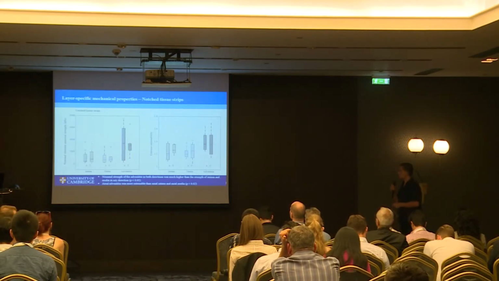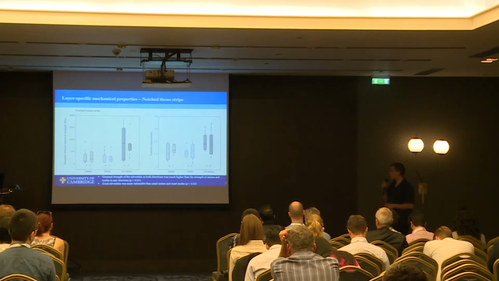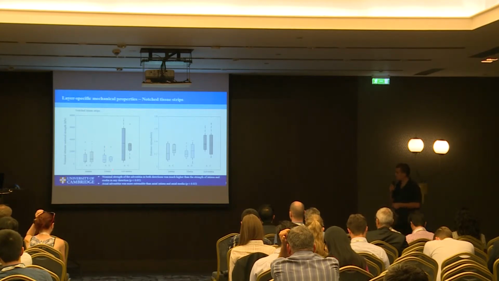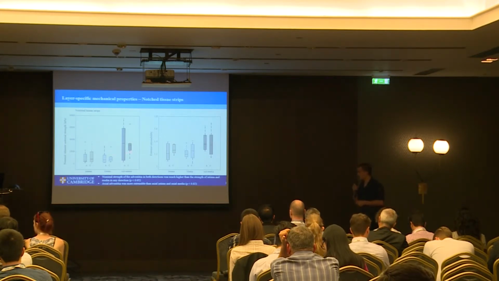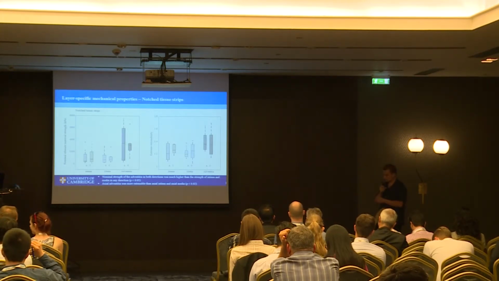When we looked at the notched tissue strips, we found out that in the presence of a structural defect, the nominal strength of the adventitia was much larger than the nominal strengths of media and intima in both directions. Another point that sticks out here is that in the case of aortic aneurysms, the disease actually starts from inside of the artery, so from the intima.